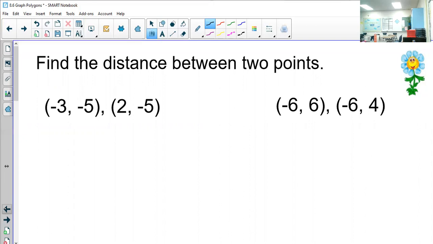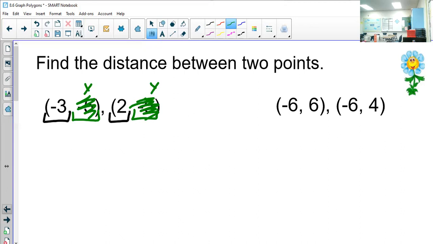My x values are -3 and 2, and my y values are -5 and -5. The -5s are the y value, right? They have a y value that is exactly the same, and we don't need to worry about that value. We're not going to do anything with the -5. We just need to know that they're the same.